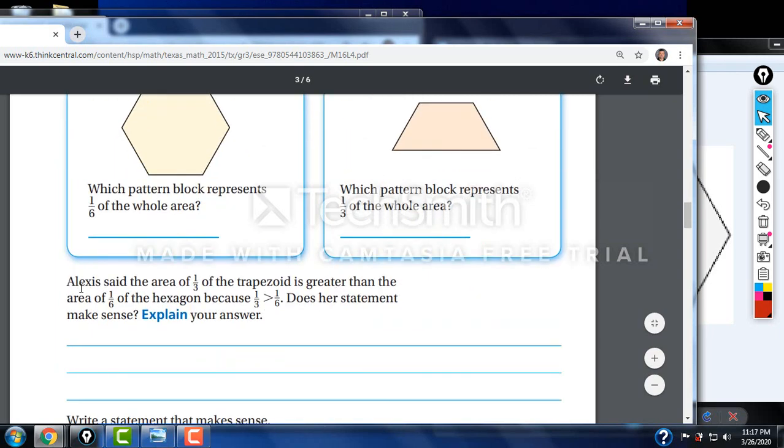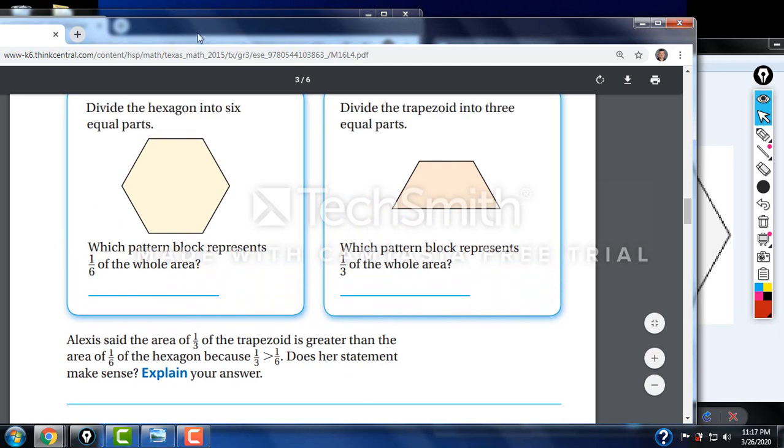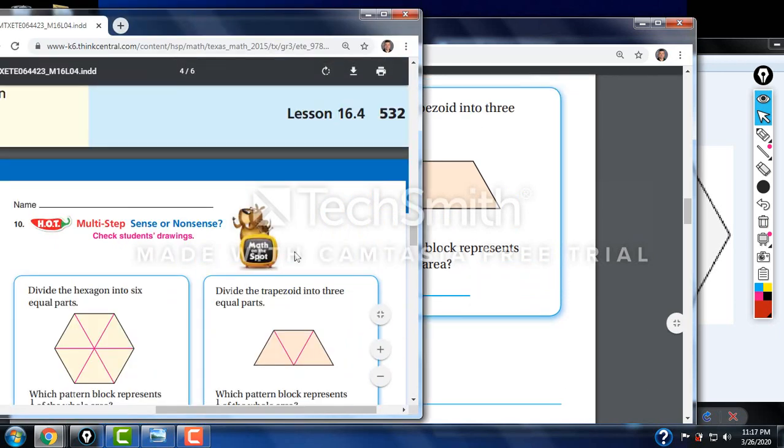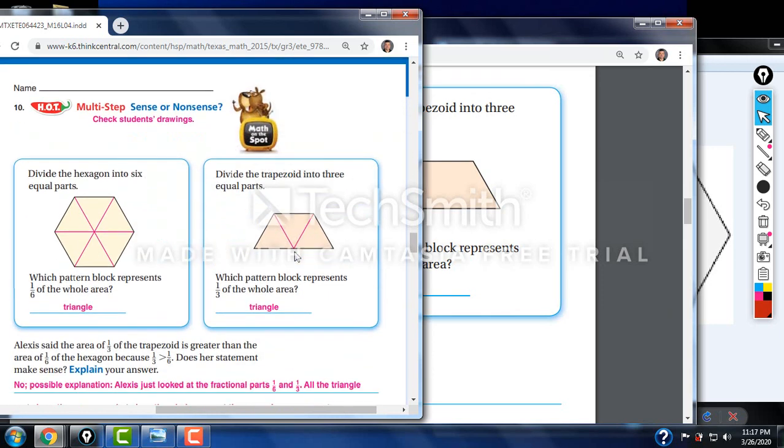So Alexis said that the area of 1/3 of the trapezoid is greater than the area of 1/6 of the hexagon, because 1/3 is greater than 1/6. Does her statement make sense? Explain. So try to see if you can see this. And I'm going to be looking at this picture right here.